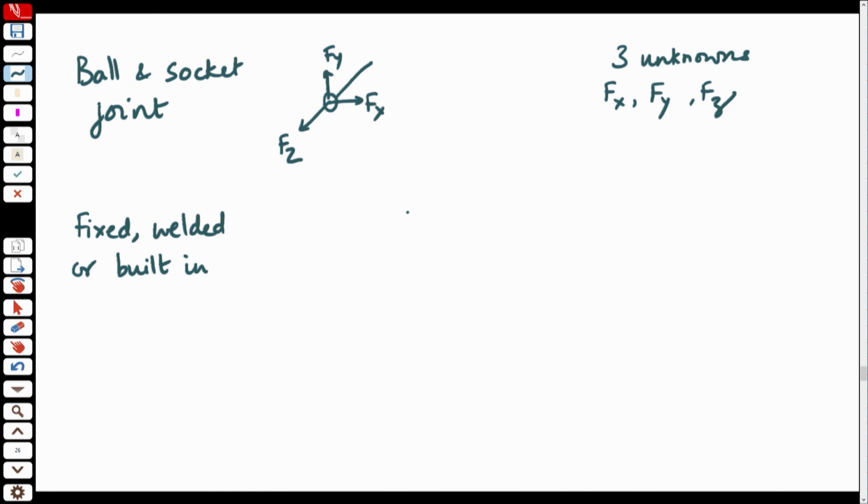Or the joint between the tibia and the fibula, at the proximal end, there is practically no movement there.